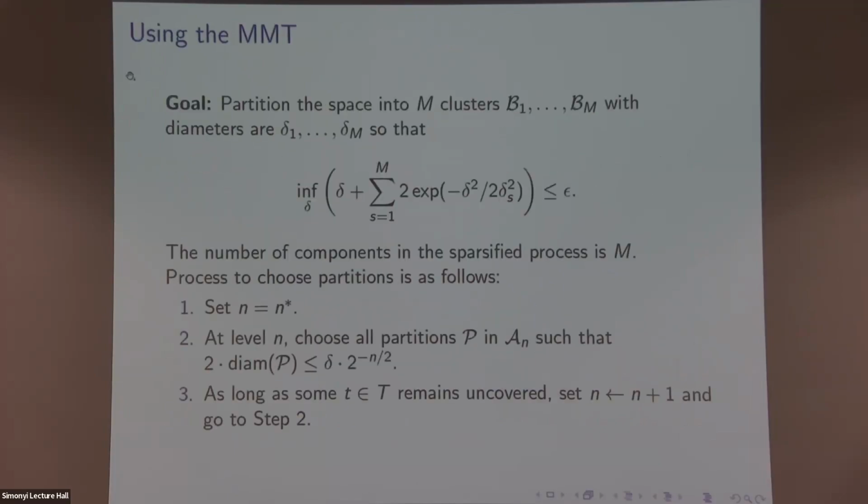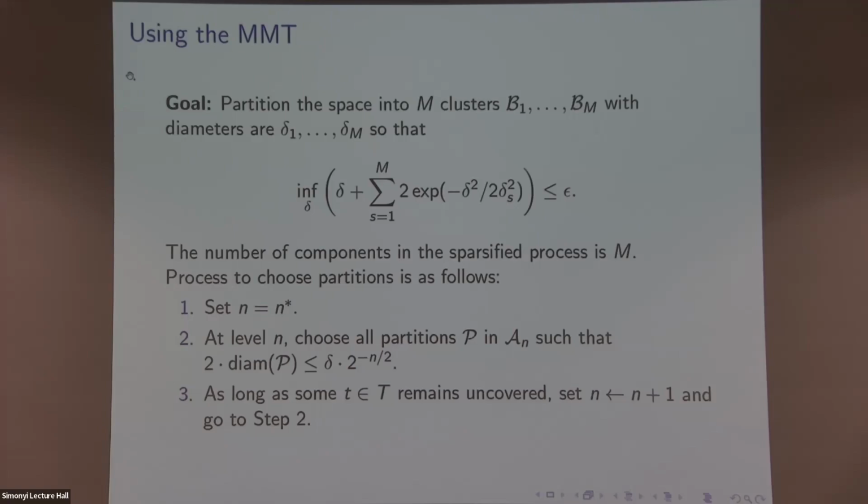All we did is start at a sufficient point in the tree created by the majorizing measure theorem, and choose any part whose diameter is sufficiently small relative to the 2 to the minus n over 2 bound. Choose all those parts. If something doesn't get covered, continue. That's all.